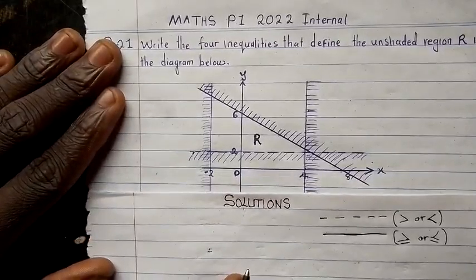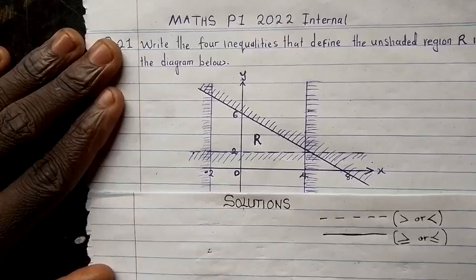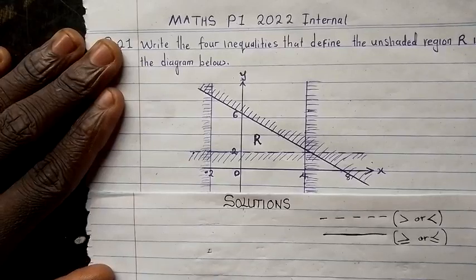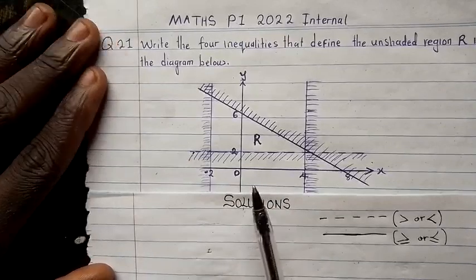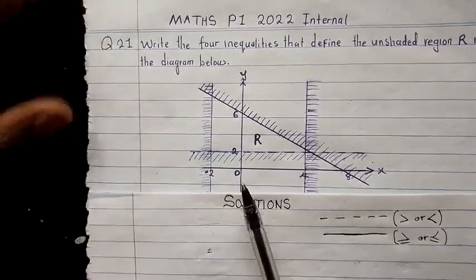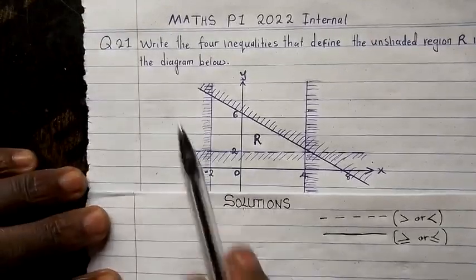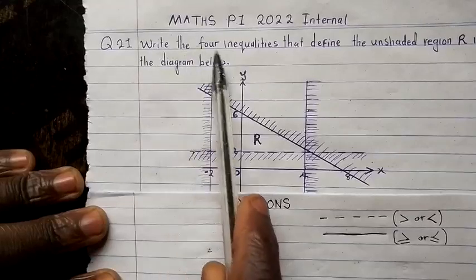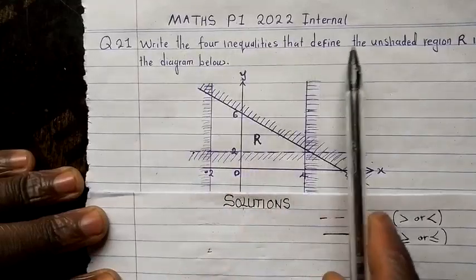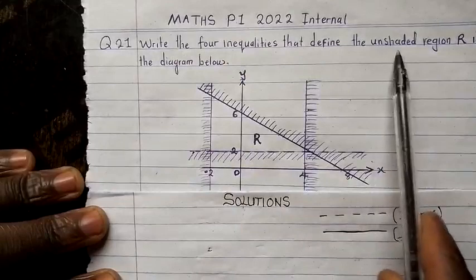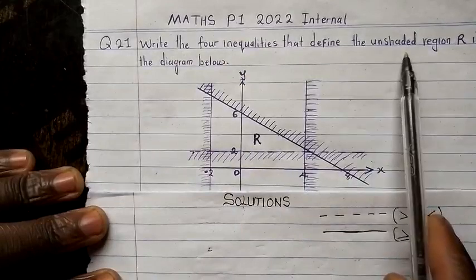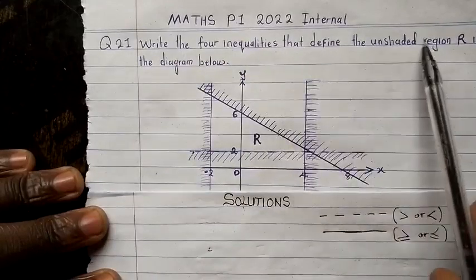When answering this question, the first thing you need to start with is the lines which are cutting only on one axis. The question says, write the four inequalities that define the unshaded region R in the diagram below. Unshaded means the part which is not shaded.